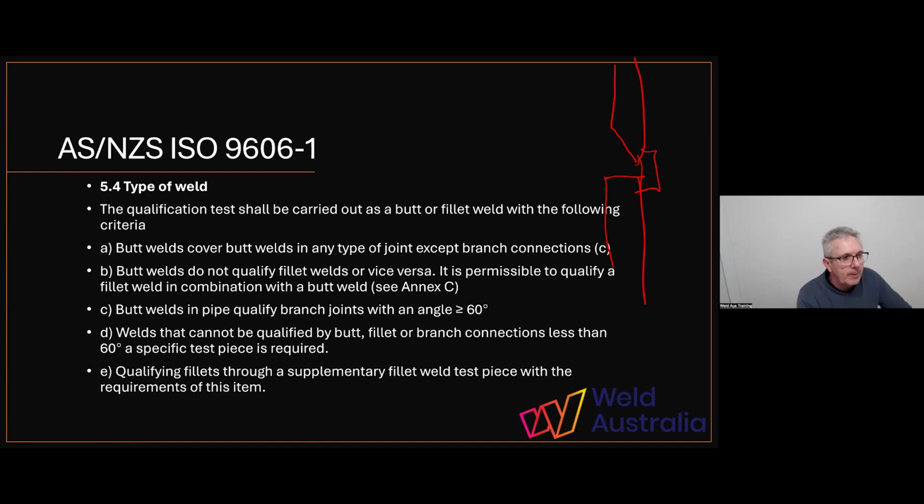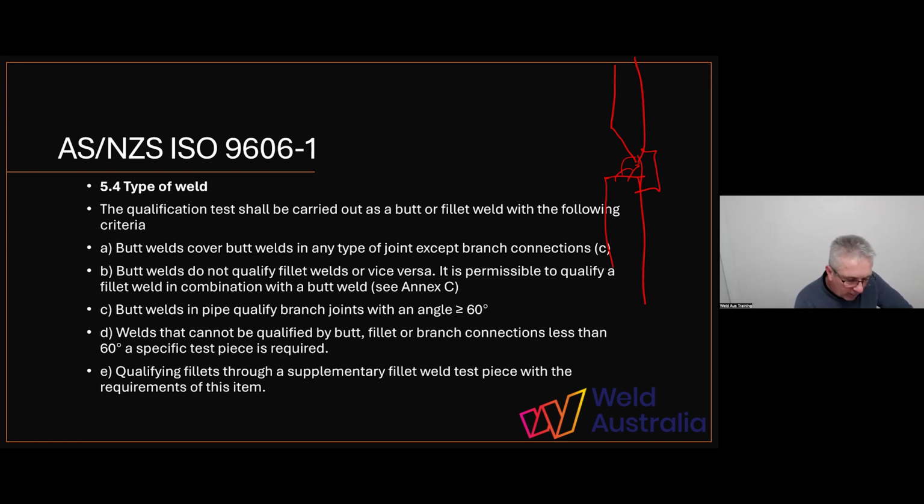So as an inspector, what you would do is you would witness the first run, remembering that there must be a stop and start in the middle. They're allowed to dress that, but that's what you'd have to visually check to see if it's compliant. Then you would witness the second and the third run, because this is going to be now a single layer and a multi-layer qualification.